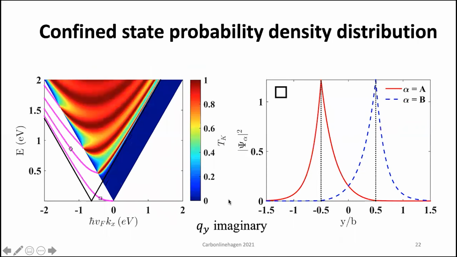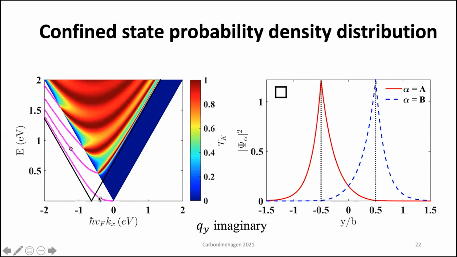If I want to ask, okay, well, I found evanescent states that exist only within the barriers, meaning where the fold is, where the deformation is. How are the wave functions, or what do the wave functions look like? Well, for this model, it's very straightforward to calculate wave functions.